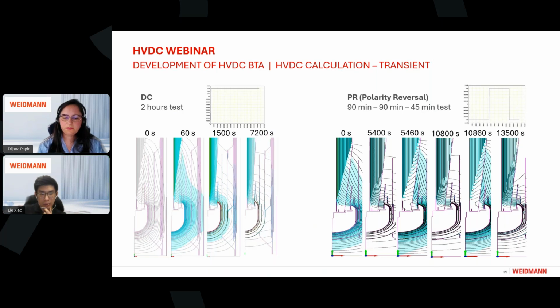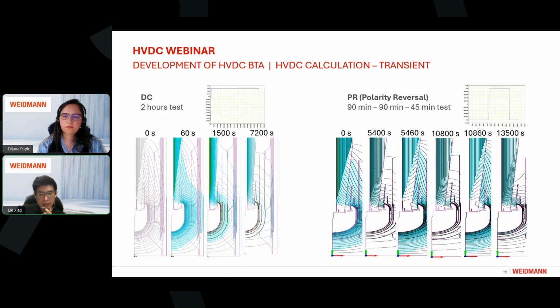And for the polarity reverse, the system is tested under negative polarity for the first 90 minutes, and then positive polarity for 90 minutes. Then again there is a reverse, which is 45 minutes of negative polarity.